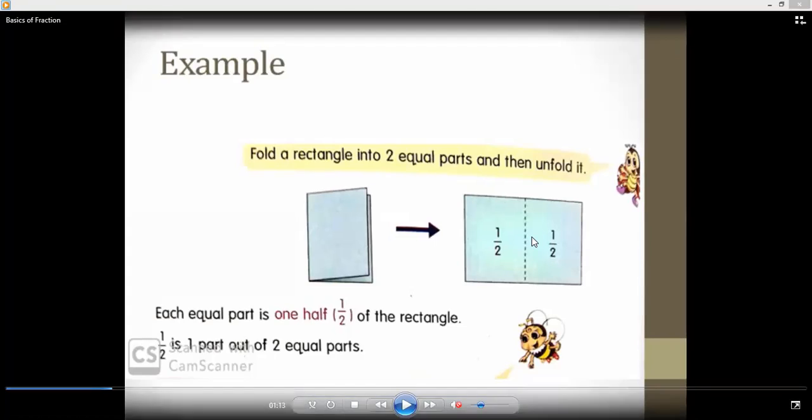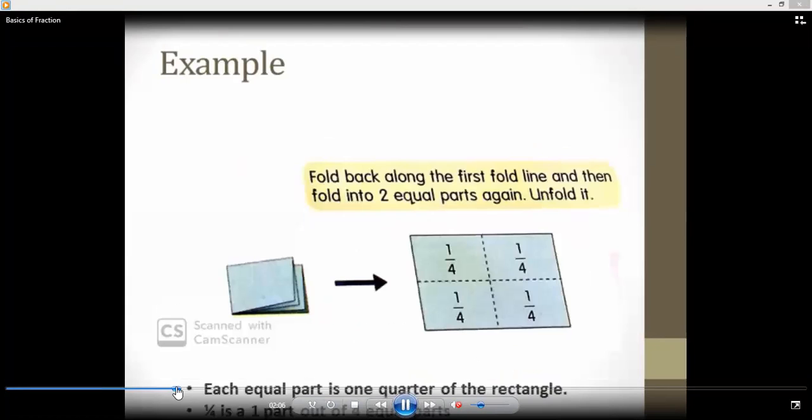Now what I will do, I will fold it one more time. I take a piece of paper, I fold it one time, then I fold from this side to this side again. I show you. Look here. Now I fold it again. I fold it two times.